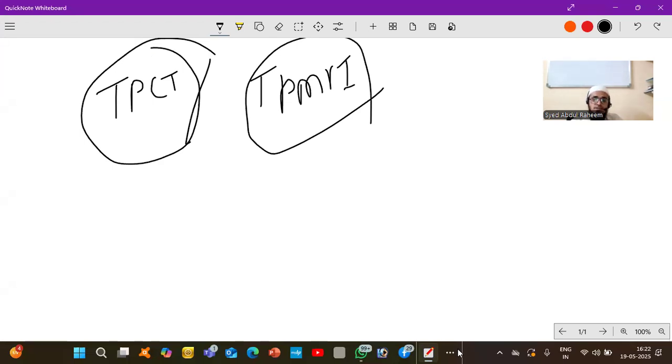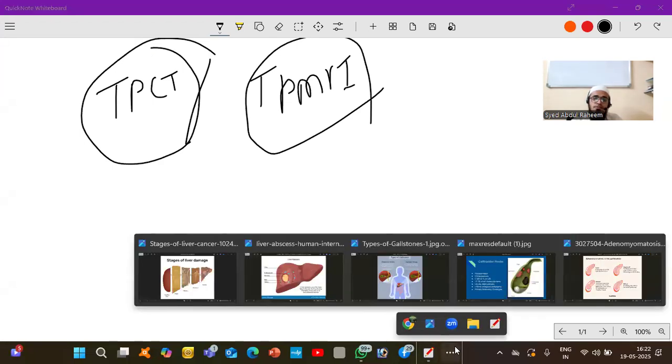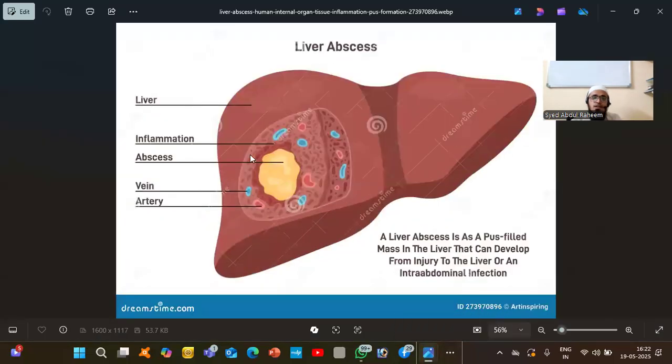So we discussed here the different types of liver tumor. Here we have liver abscess. Liver abscess means, this is the normal liver cell, and this is another cell which is damaged, with arteries and veins.